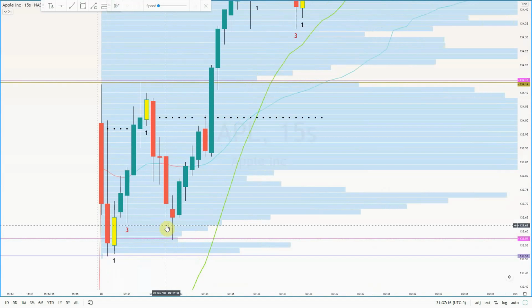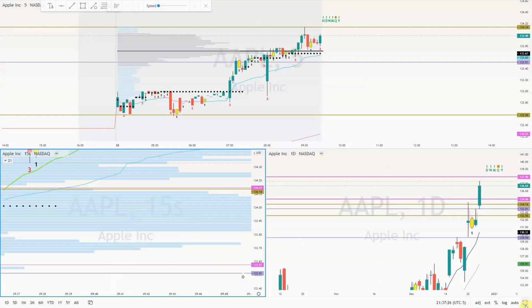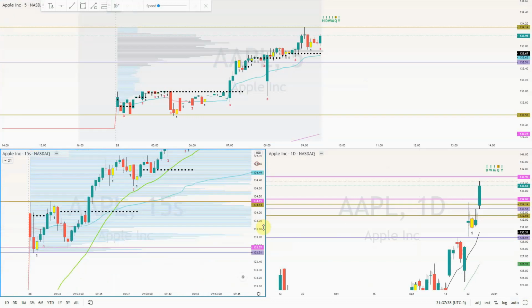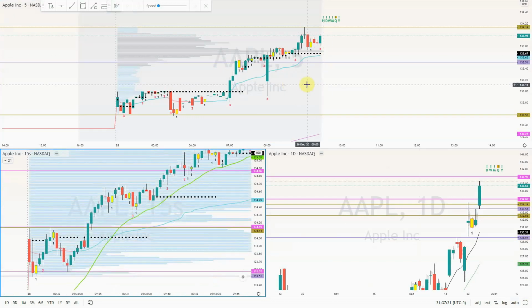So my entry on the 15-second would be on this 222 reversal right here above this wick. And then she's off to the races. So I just want to show you why I have the 15-second up. And then we'll replay the 5-minute chart here with the volume profile so you can see how that changes.